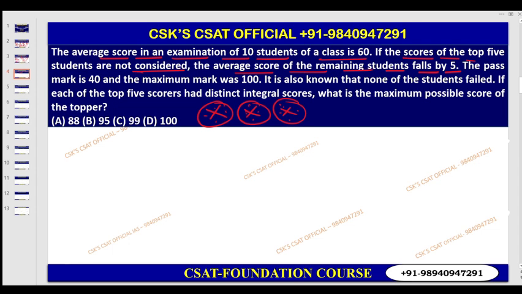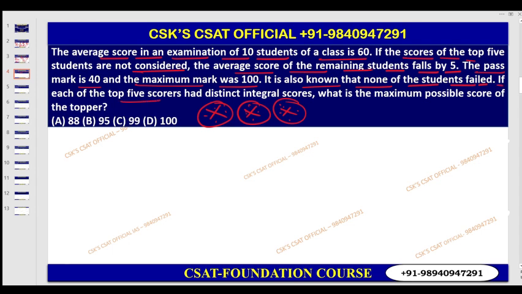Falls by 5 means reduces by 5. Then the pass mark here is 40. The maximum mark was 100. It is also known that none of the students failed. So therefore everybody crossed 40 marks, right?